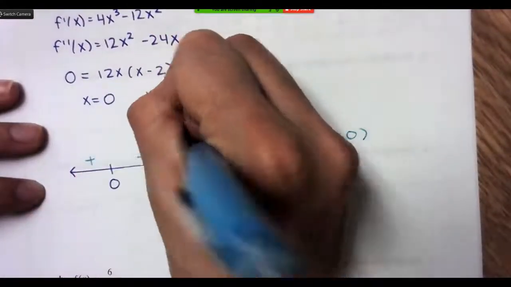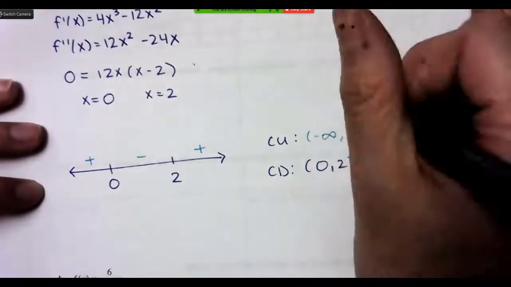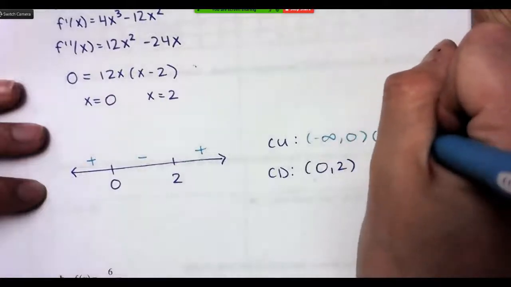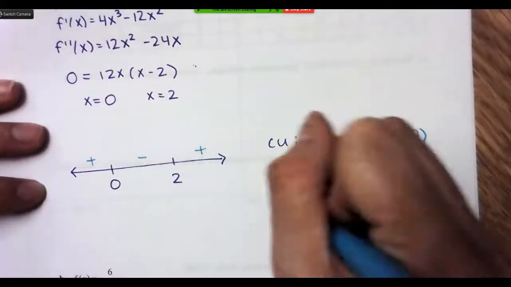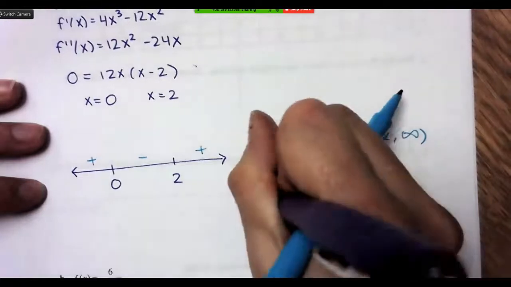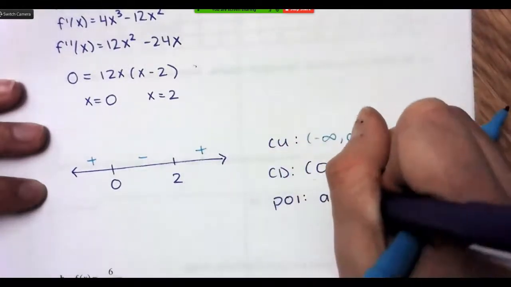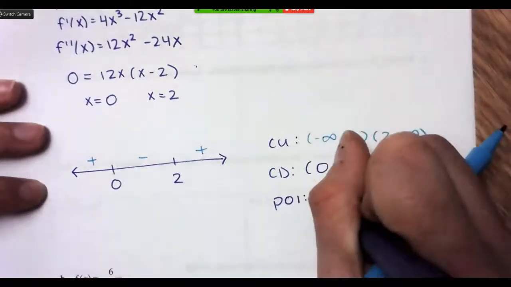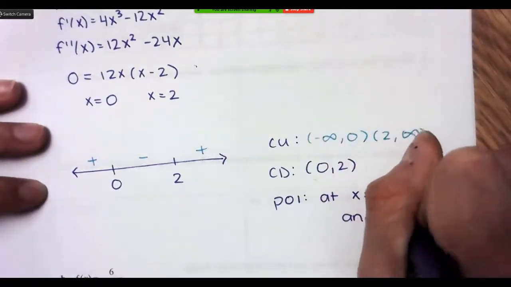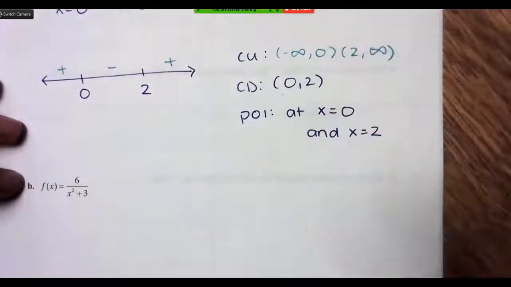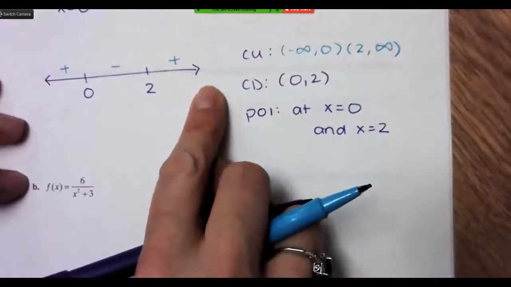And then plugging in a number bigger than 2, like 3, will give a positive times a positive. So it is concave up from 2 to infinity, which means I have 2 points of inflection. I have a point of inflection at x equals 0 and x equals 2. And our justification for each one depends on here.